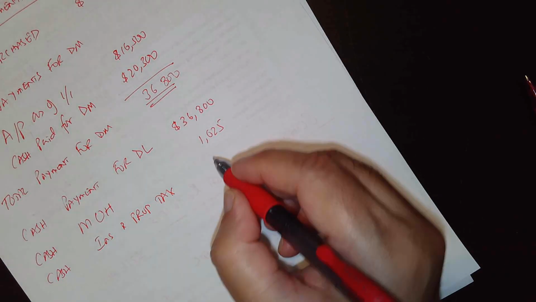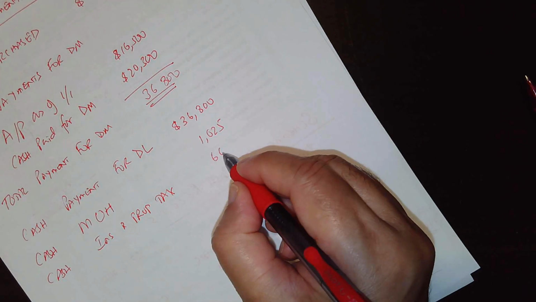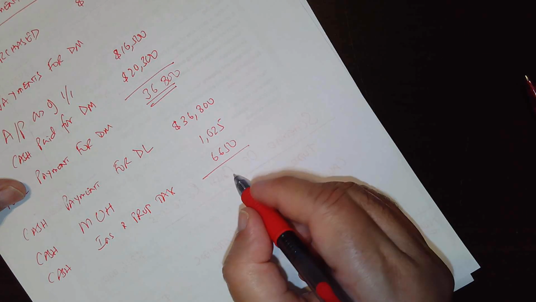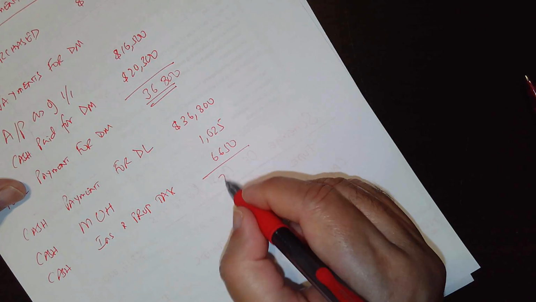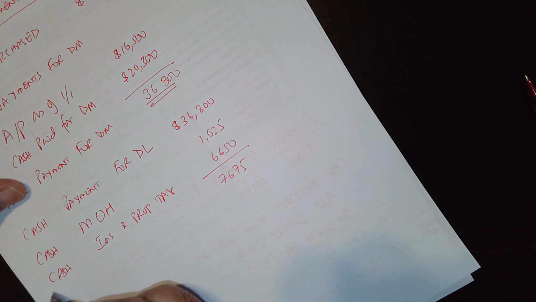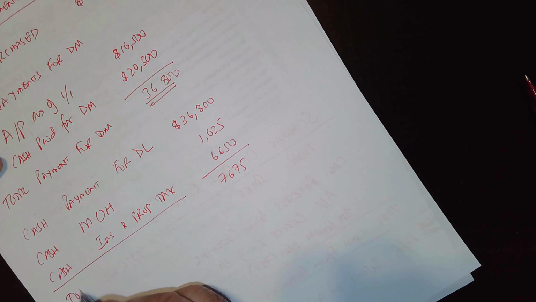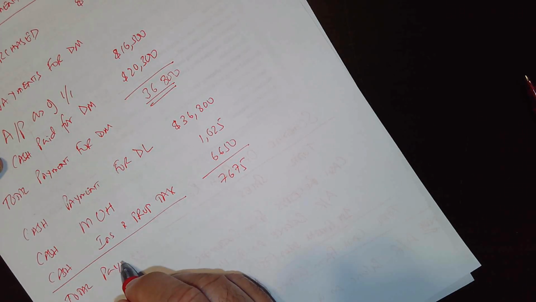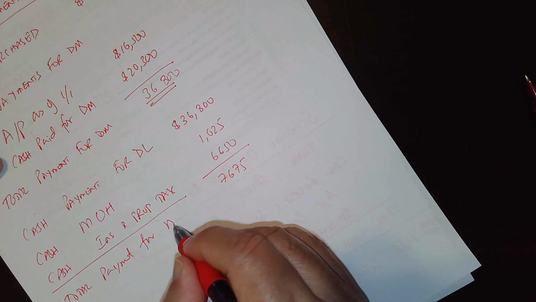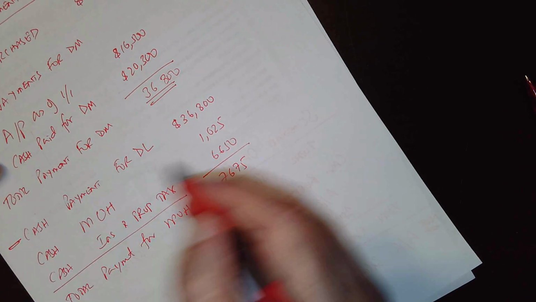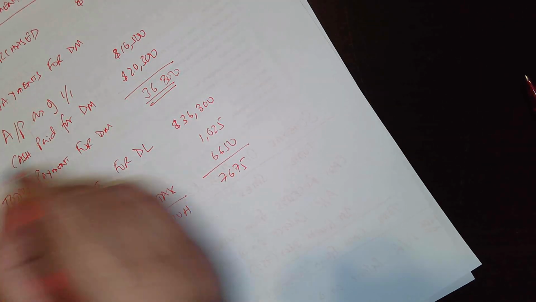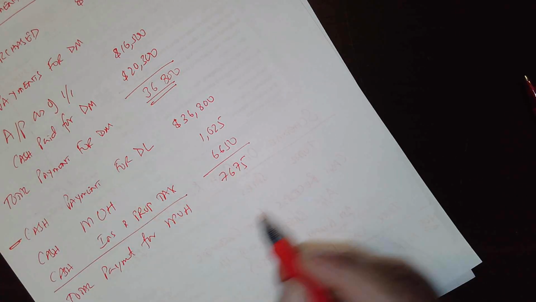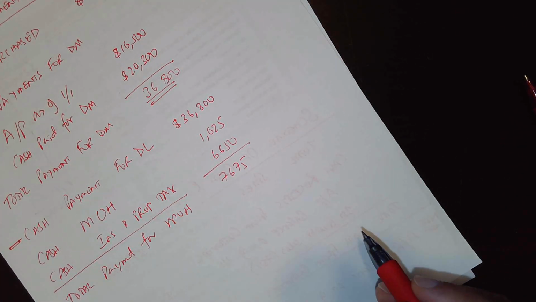That would be 6,650. So that will give us a total of 7,675 for cash total payment for manufacturing overhead. So we have a cash payment for direct labor, direct material, and a total cash payment for manufacturing overhead.